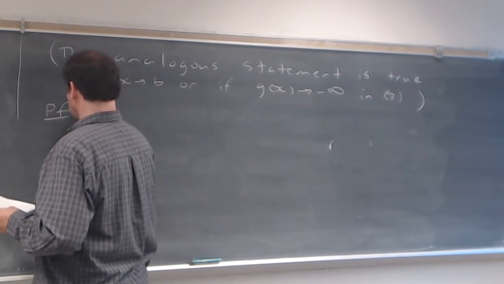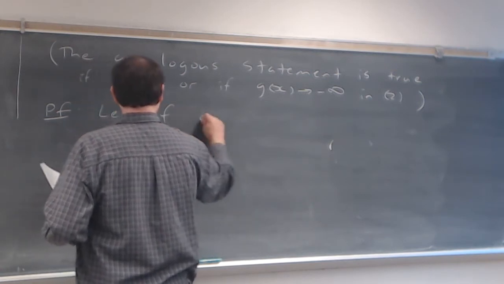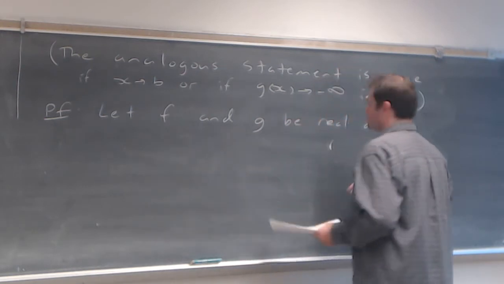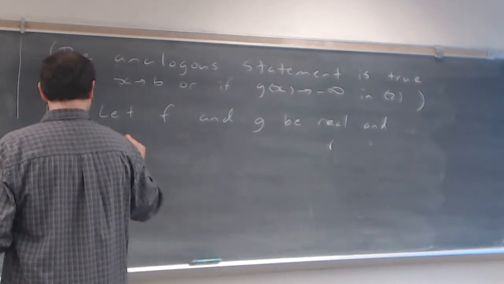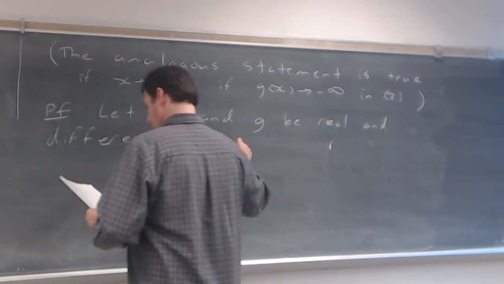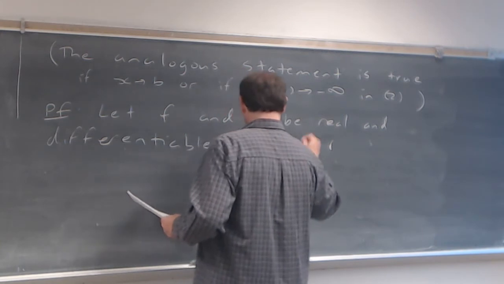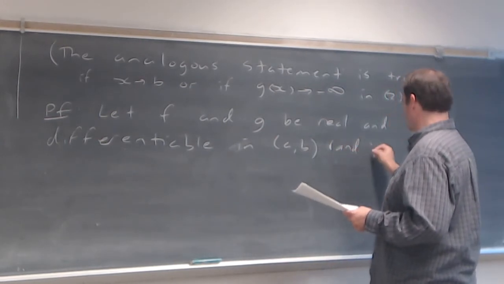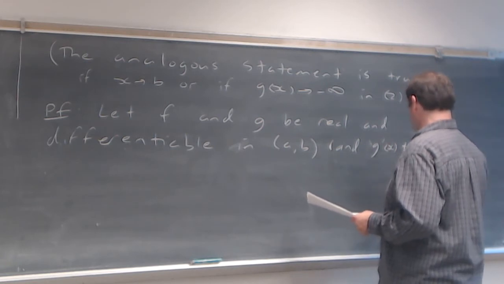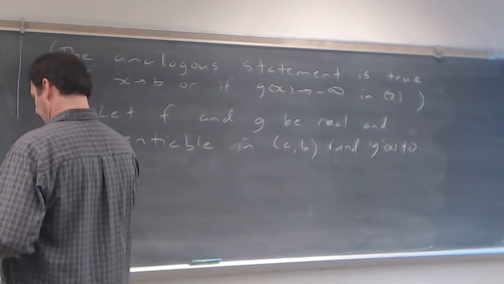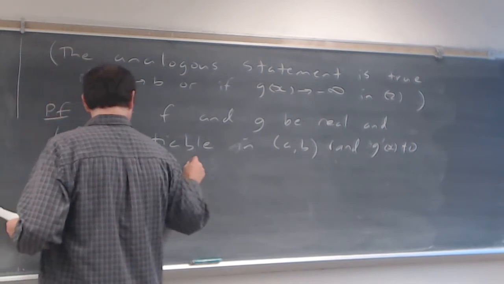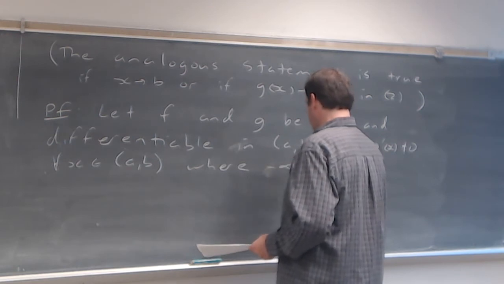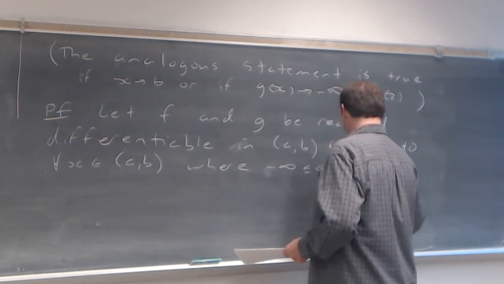So here's the proof. We let f and g be real and differentiable, g prime of x be different from 0, and that's true for all x in a to b, where, so this is the hypothesis, or at least part of it that I'm assuming, where minus infinity is less than or equal to a, is less than b, is less than or equal to infinity.